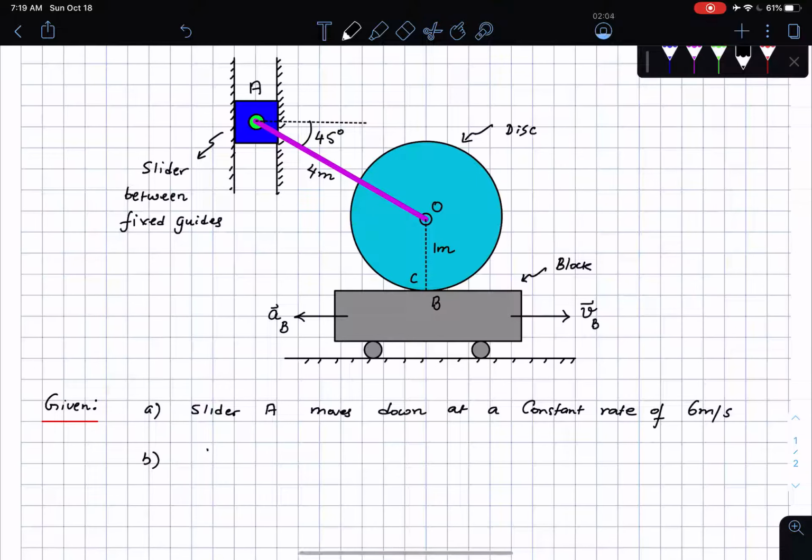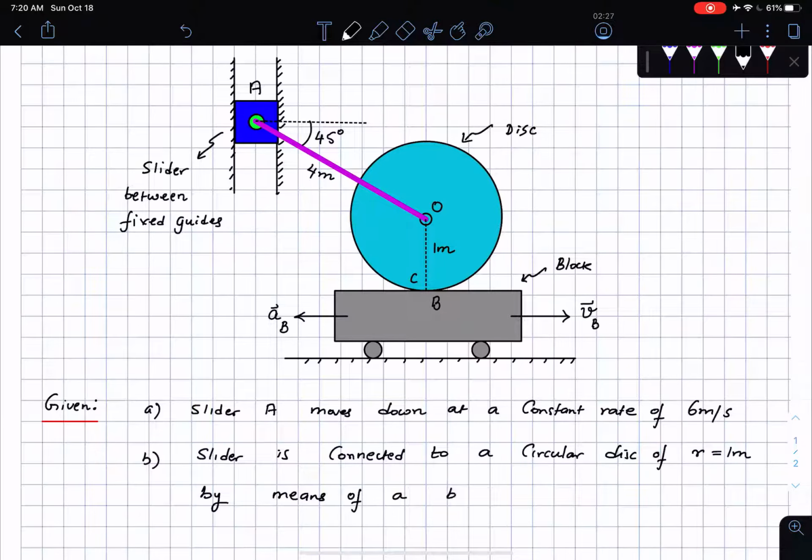Okay, so the slider is connected to a circular disc of radius r is equal to 1 meter. Okay, as you can see, by means of a bar OA.